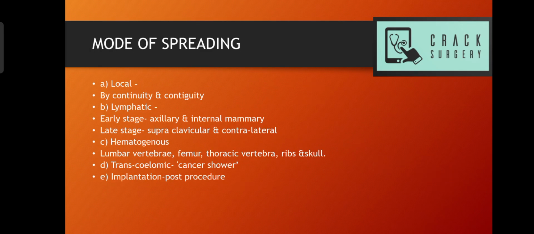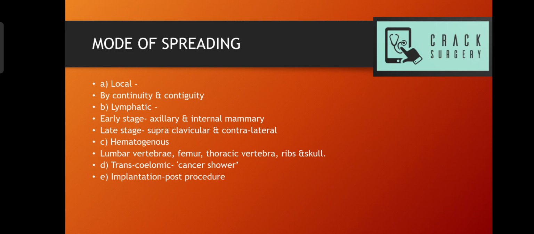Now, the mode of spread of cancer. First, cancer spreads locally by continuity and contiguity. Second is lymphatic spread. Early, we see axillary lymph nodes palpable, then internal mammary lymph nodes. In later stages, supraclavicular or contralateral lymph nodes may be palpable.